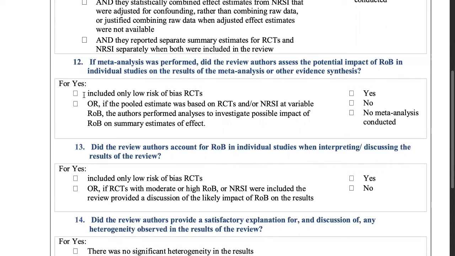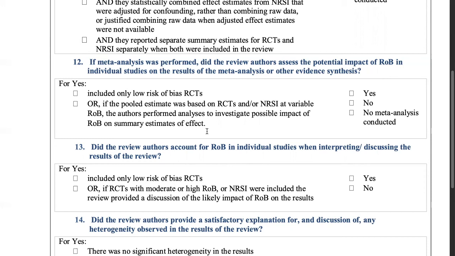The first one is when authors included only low risk of bias RCTs. The other one is, if the pooled estimate was based on RCTs and on non-randomized studies at variable risk of bias, the authors performed analysis to investigate the possible impact of the risk of bias on summary estimates of effect.